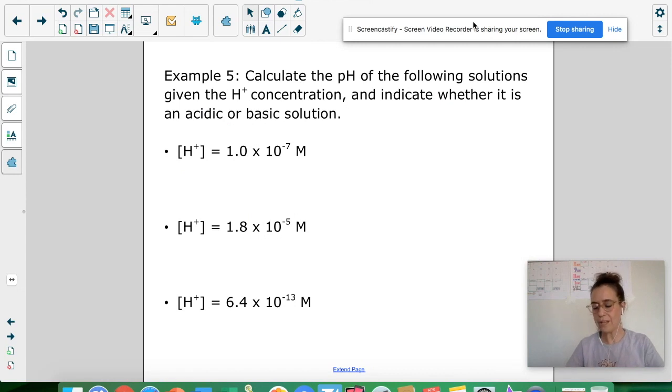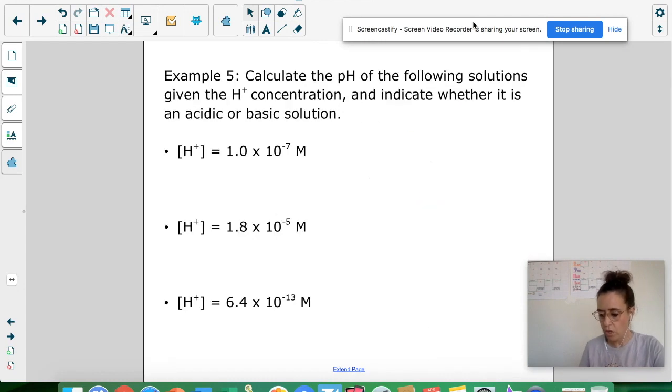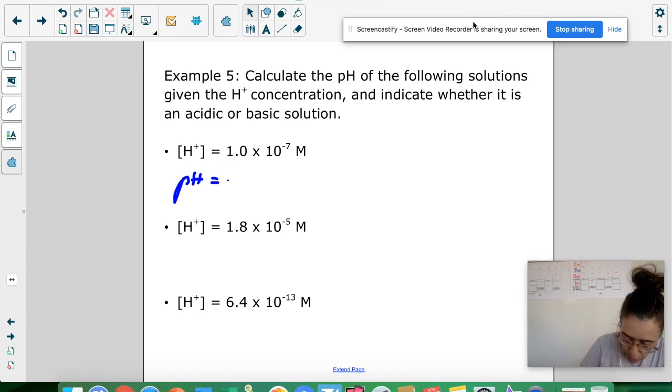Okay, so examples on how to calculate the pH. In order to calculate the pH, as you just learned, we need to use the formula that we have here. It's the negative logarithm of the concentration of the protons. So if I have to calculate the pH for a solution that has a concentration of protons of 1.0 times 10 to the negative 7, the pH is going to be the negative log of the concentration of the protons.